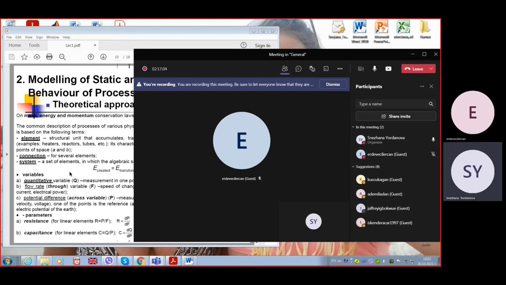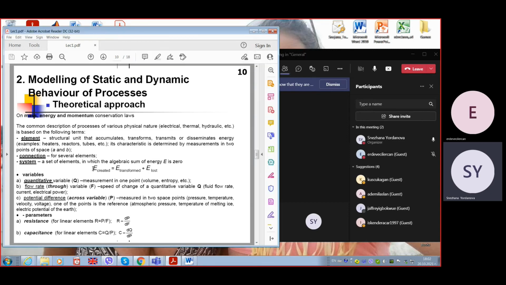So this is the modeling. And our process is a function of time also. So output may change with time, or it may not change with time or depend only on input.